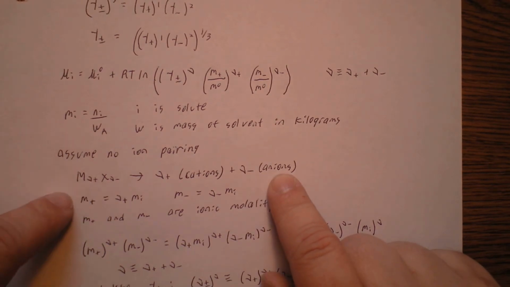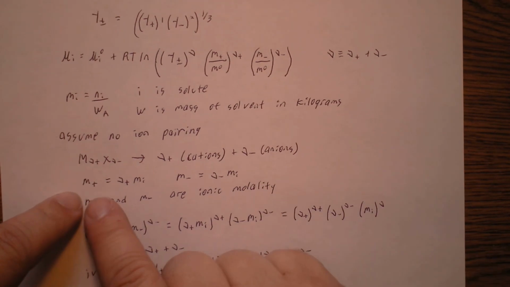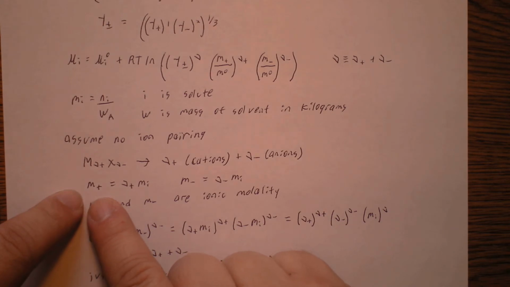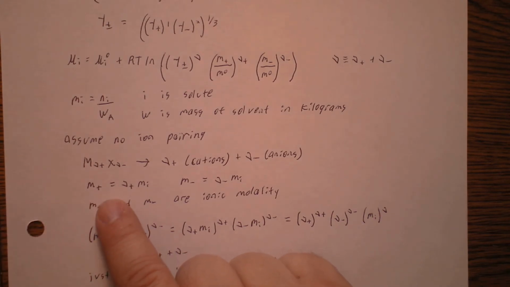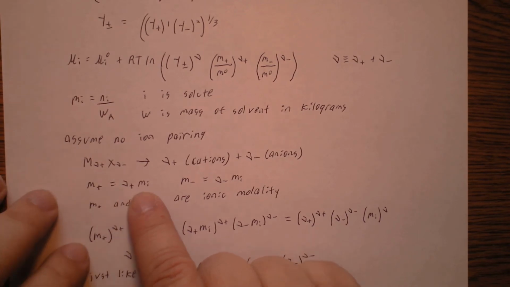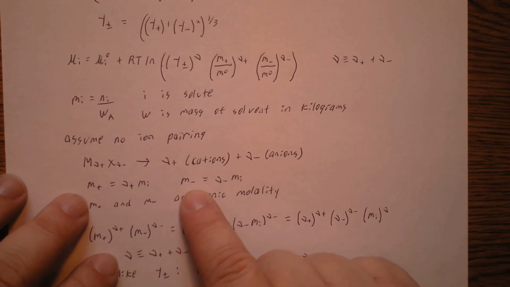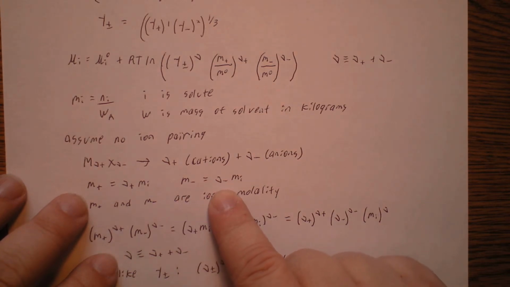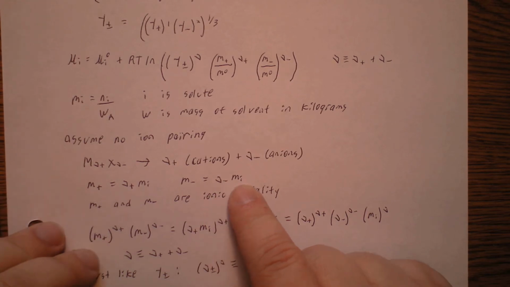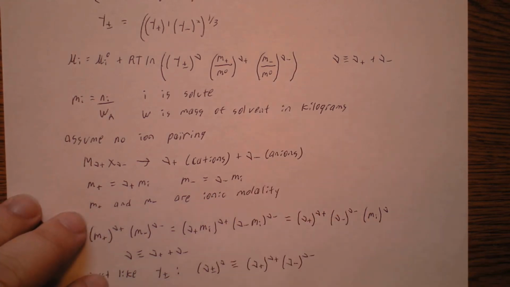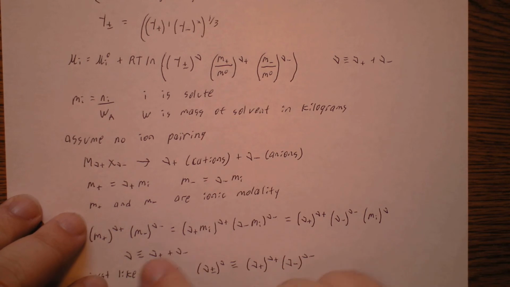In other words, it dissociates when it gets dissolved. So the molality of the cation is going to be equal to nu plus times the molality of the solute. And then the molality of the anions is going to be equal to nu minus times the molality of the original substance.